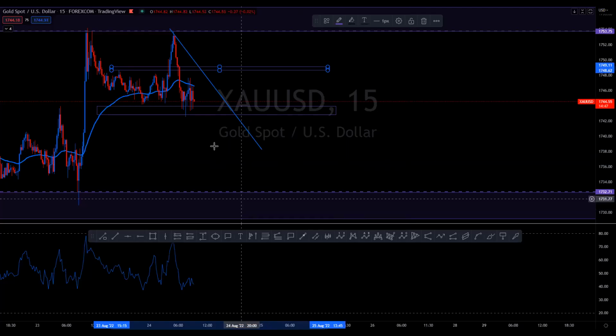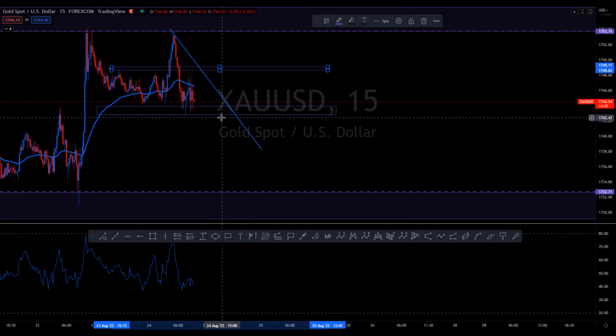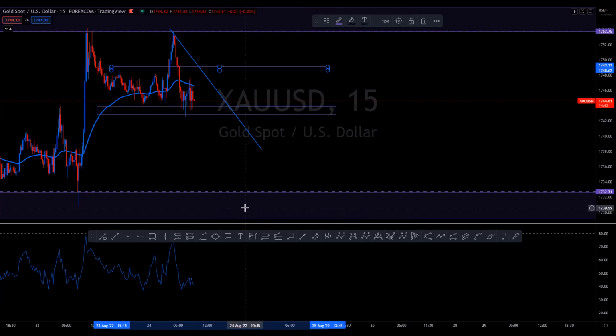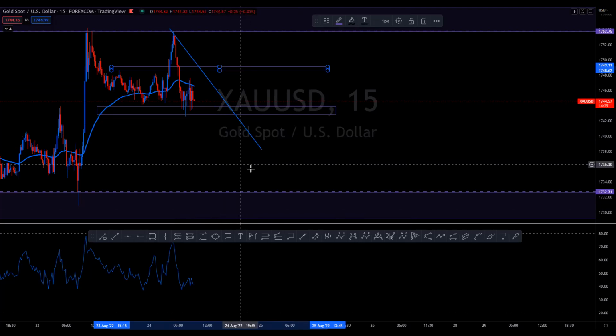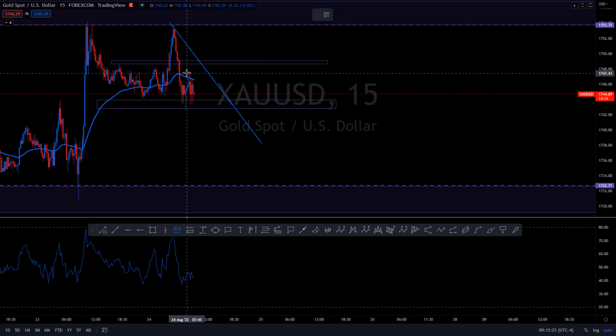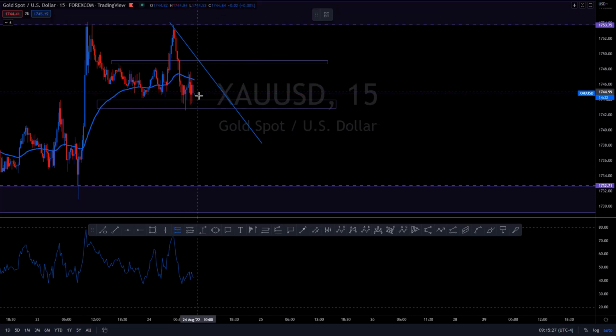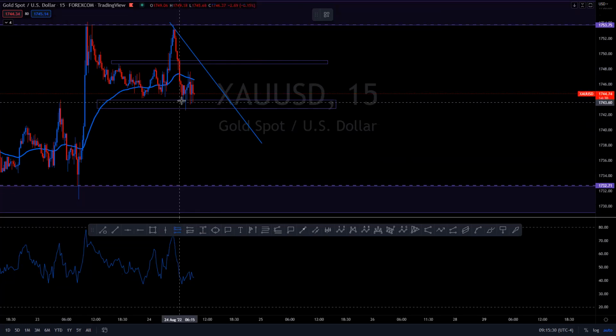All right, so now we're at the 9:15 candle, and this is what I'm planning on doing. I see that price rejected this area, came down, rejected this area, and pushed down. But I see a lot of wick rejection here.